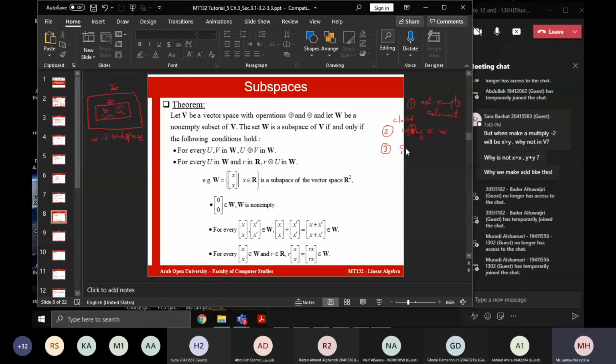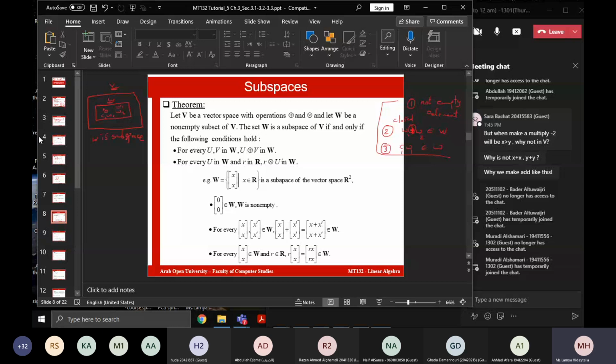So C1 W1 should be an element in W. It's enough to prove this, because all the other 7 conditions will be satisfied automatically if this is happening here.